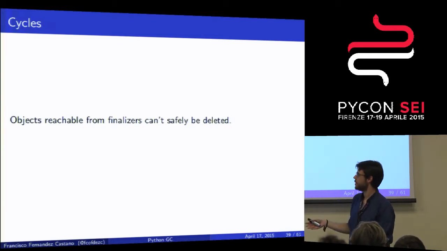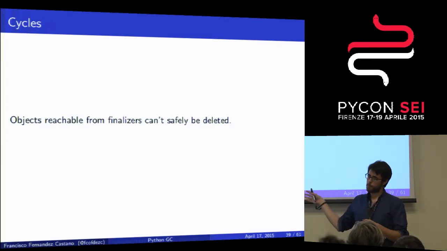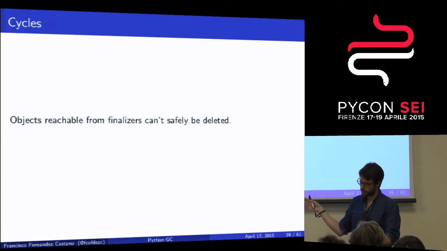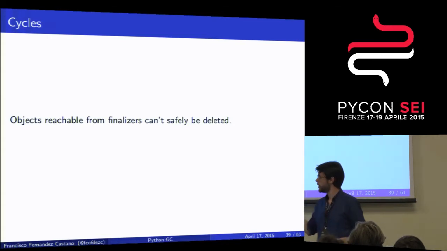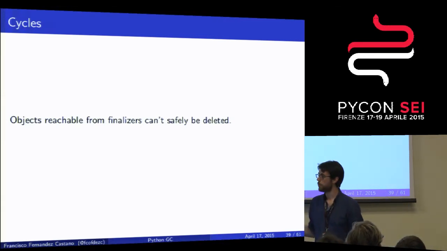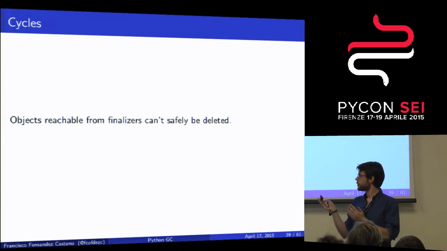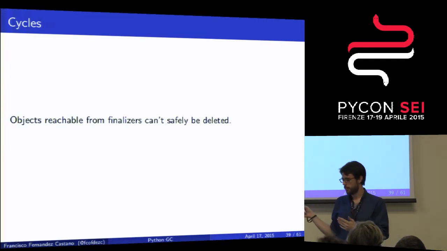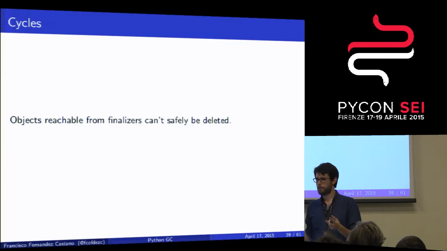I've never used a finalizer. There are a lot of problems when we are dealing with garbage collection on cycles, because there is no safe way to delete these objects. So this can be considered as not collectible. It's some kind of memory leak.